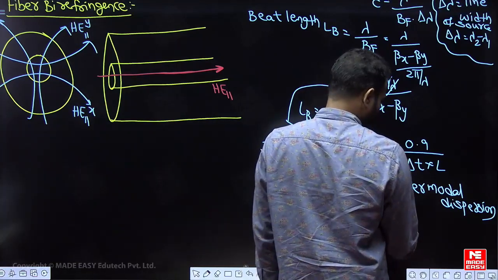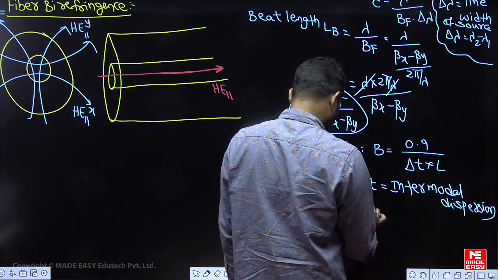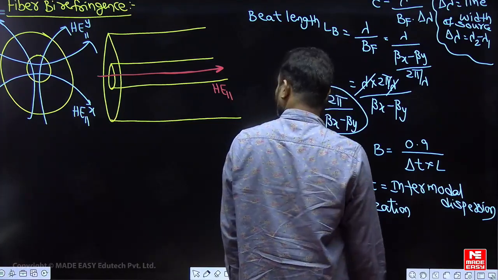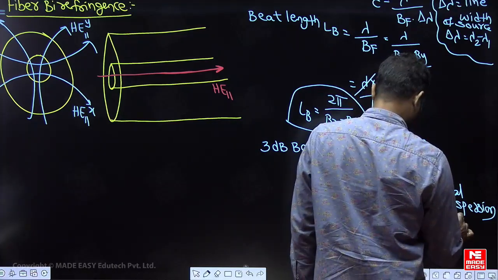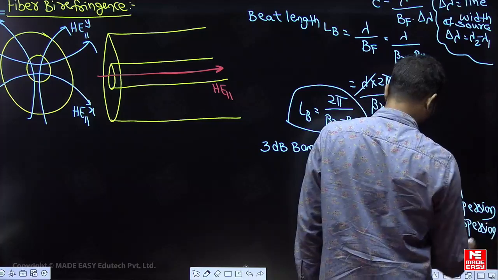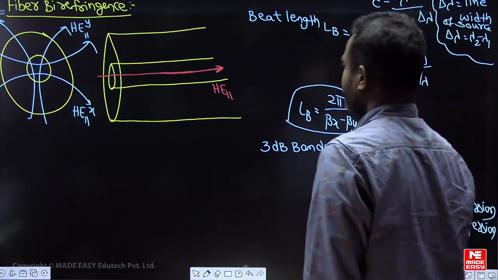So this is called intermodal dispersion, or it is also called polarization mode dispersion. Polarization mode dispersion we are having.